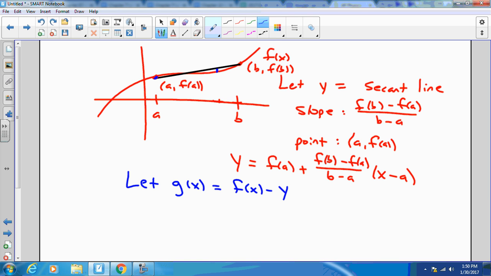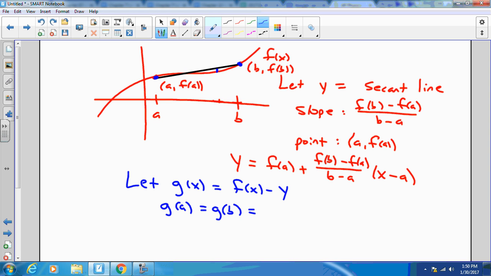Now the reason I want to do this is this. Looking at the graph here, what can you tell me about g of a and g of b? Not so. g of b and g of a are actually both the same value.